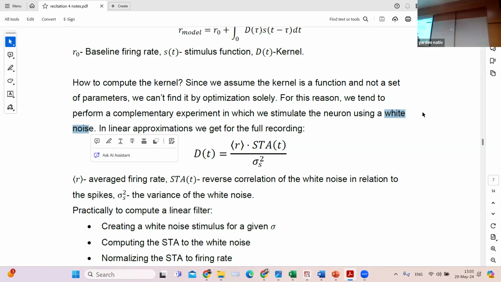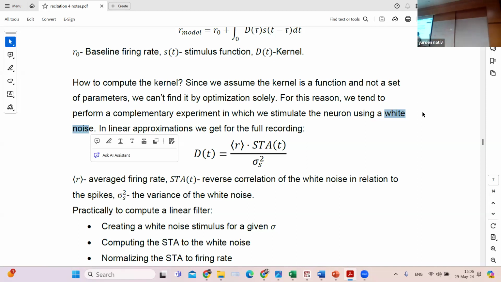Maybe there is a misleading guidance in the project, but when you are calculating the linear kernel, you need to do the STA on the white noise. Okay, and not on the given data of the STA.